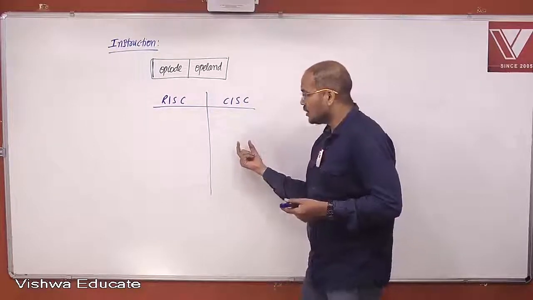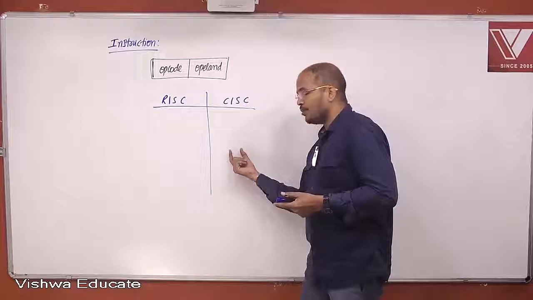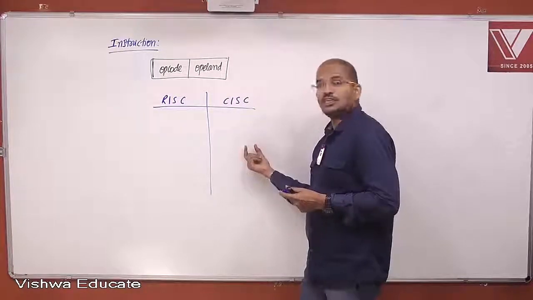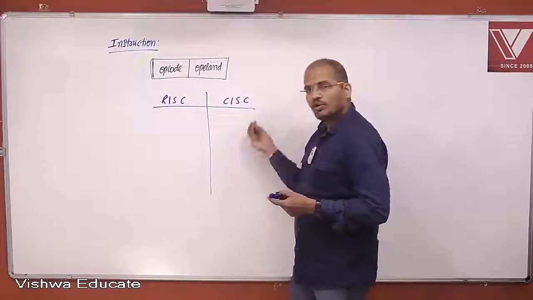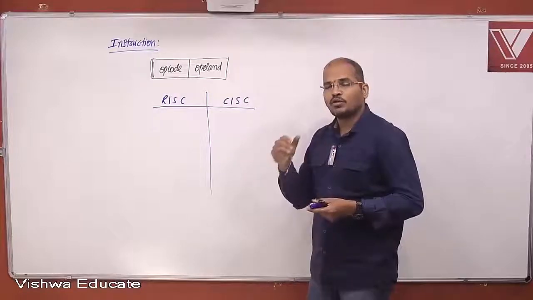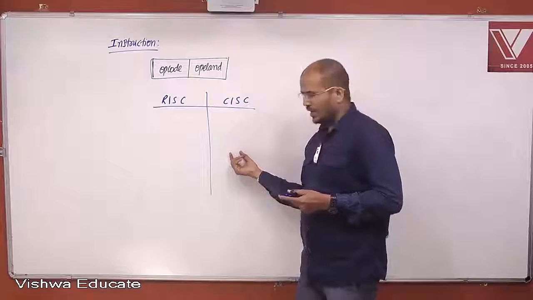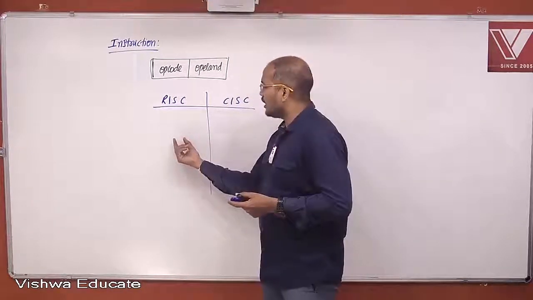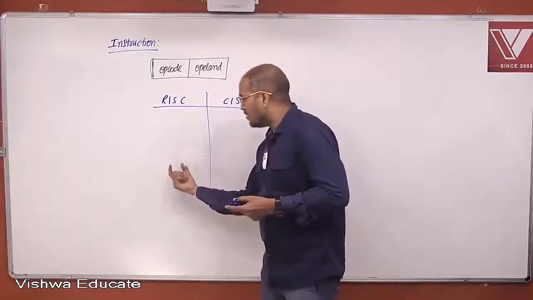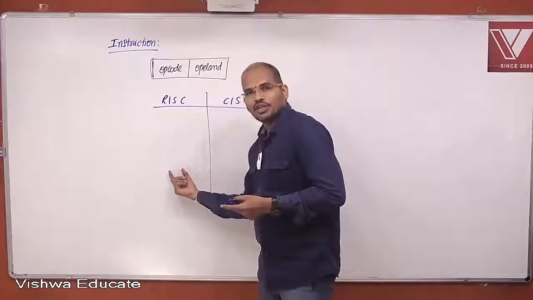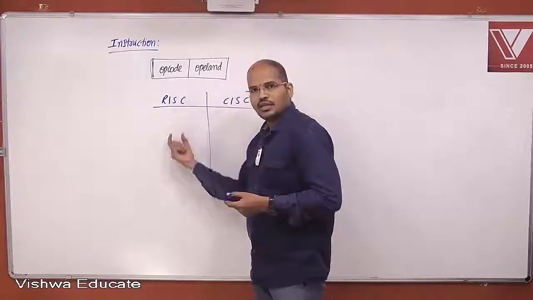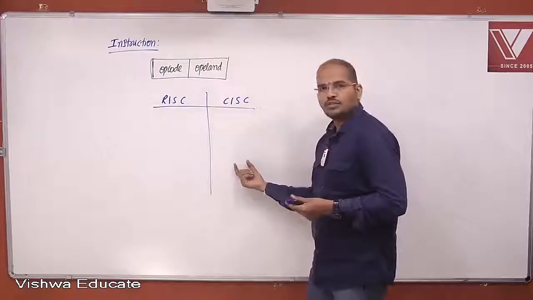Because you can deal with memory locations and registers also. As we can use only registers in RISC, we have fewer addressing modes, and we have more addressing modes in CISC.